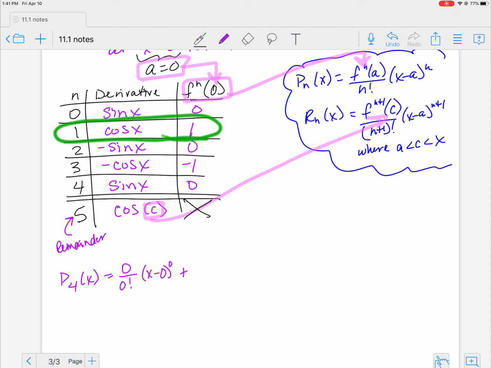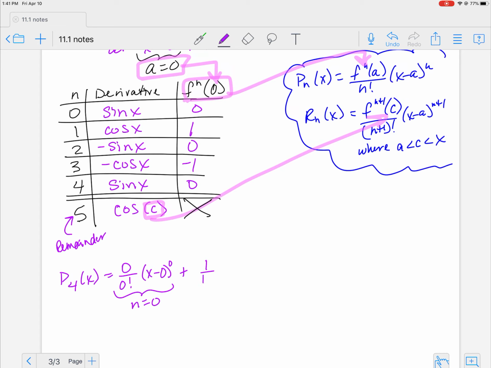Plus. Now I have this next term. This is my next term here when n equals 0. Now I'm going to say when n is equal to 1. So I have my numerator here of 1 over 1 factorial x minus 0 to the 1. Because my a value here is still 0, and that's x minus a, right?